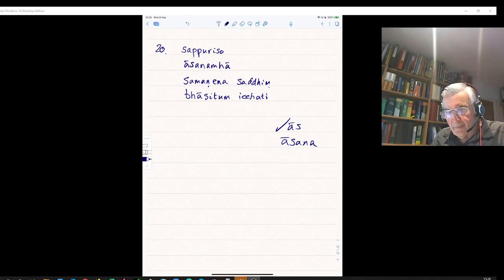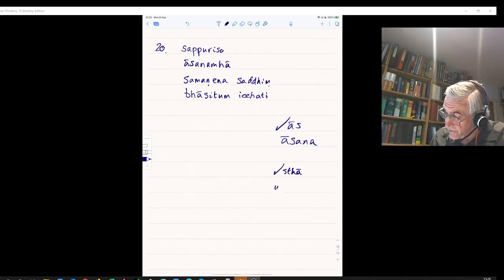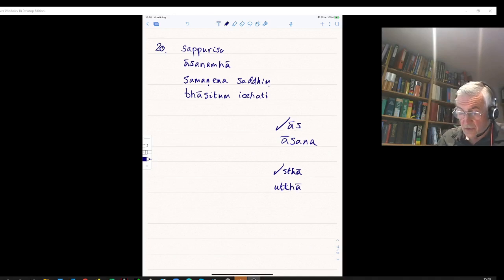So to stand up is uttha. By the way, in Sanskrit, the root is stha, but unusually and slightly irregularly in Sanskrit as well, if you put ut in front of it, the s drops. So in Sanskrit, for to get up the root form is uttha, and in Pali that becomes retroflex.